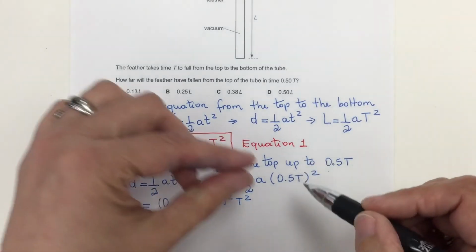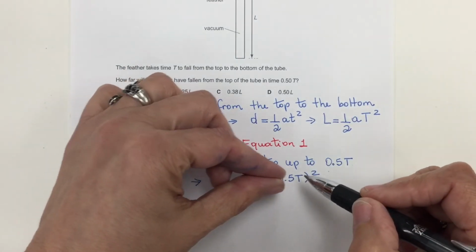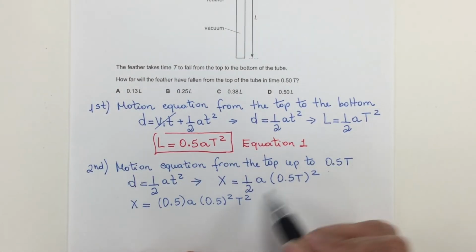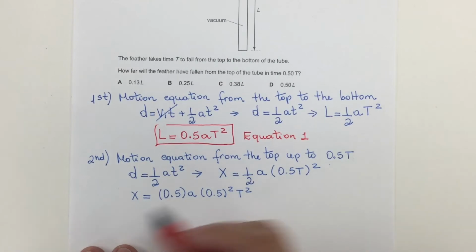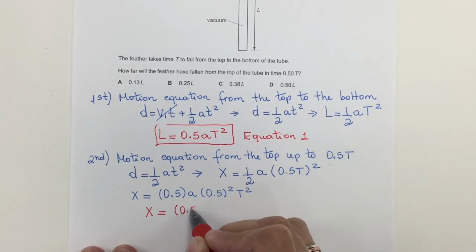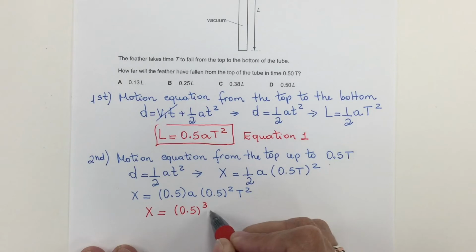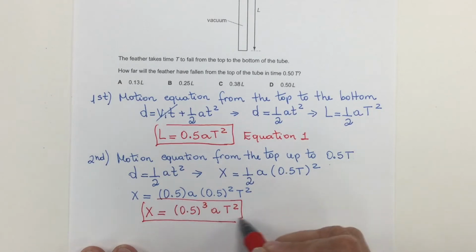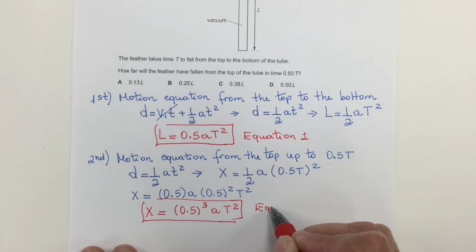If I take those two things, they both are squared, so I'm going to reorganize a little bit better, because I can simplify these: 0.5 cubed a t squared.